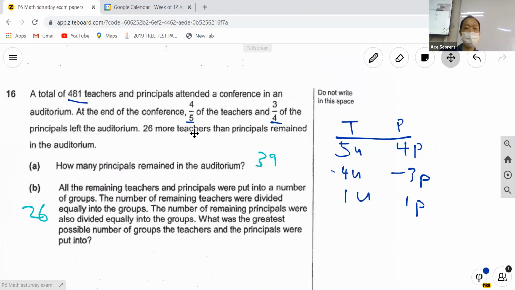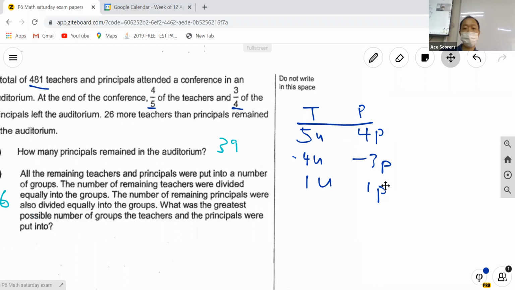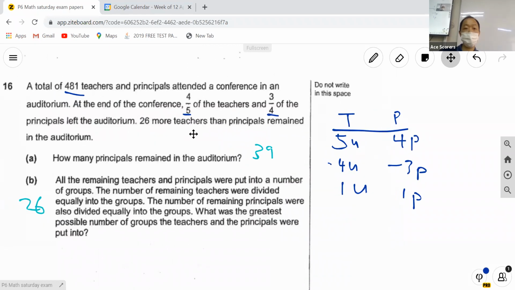Then there were 26 more teachers and principals remained. Look at this. Even though this is 1 unit and 1 part, there were 26 more teachers here. So what does that mean? That means 1 unit is equal to 1 part plus 26.